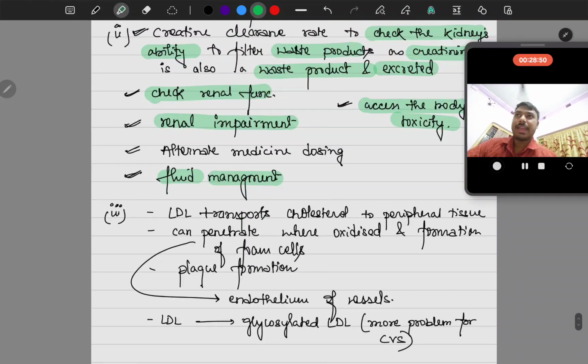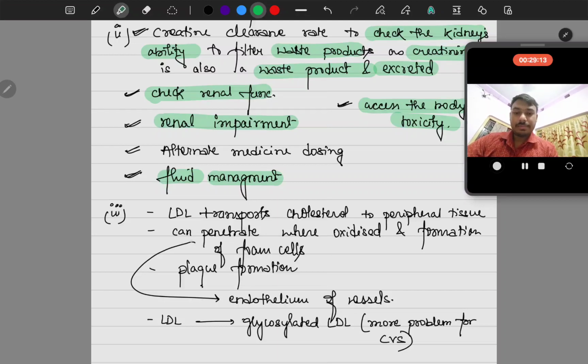The LDL is atherogenic in nature. How is it atherogenic in nature? LDL transports the cholesterol to peripheral tissue. Okay, LDL transports the cholesterol from liver to the peripheral tissues for requirements, but it also can act with deleterious effects.